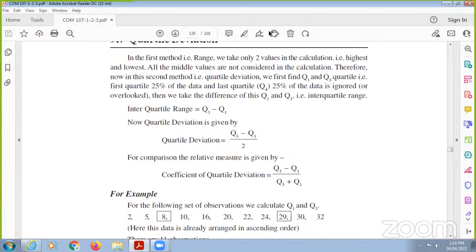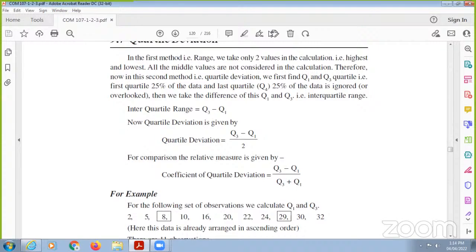That means 11 plus 1 upon 4, that is 12 divided by 4, which is equal to 3. Then the quartile 1 is the third number, which is 8.